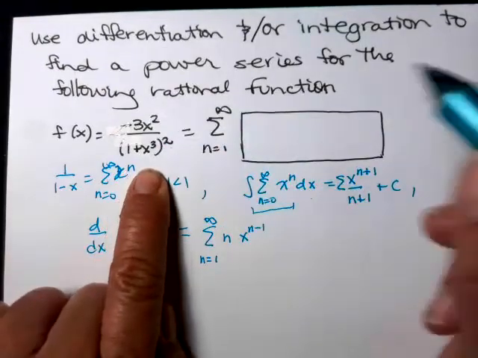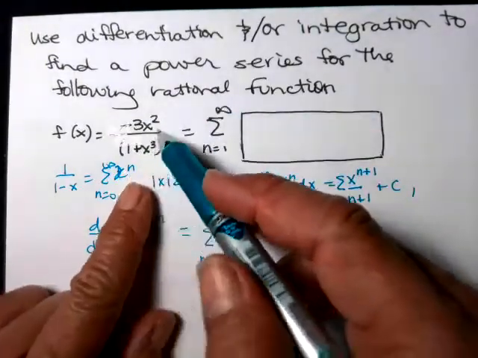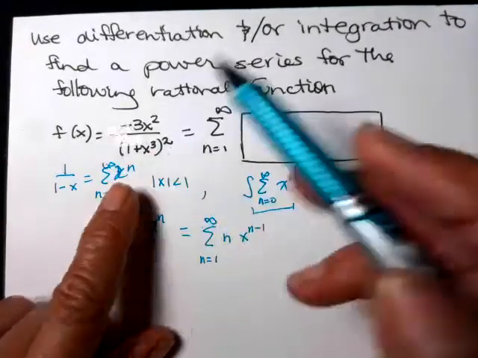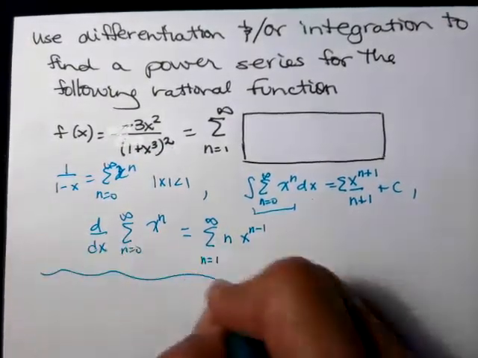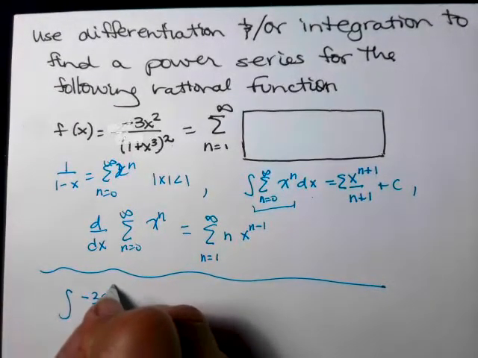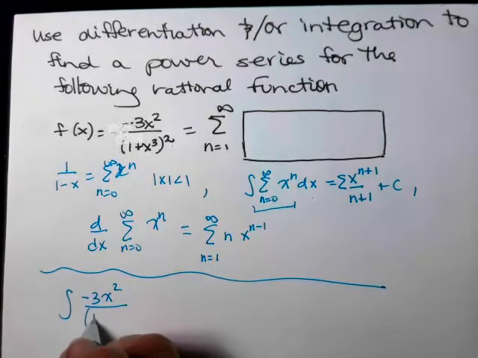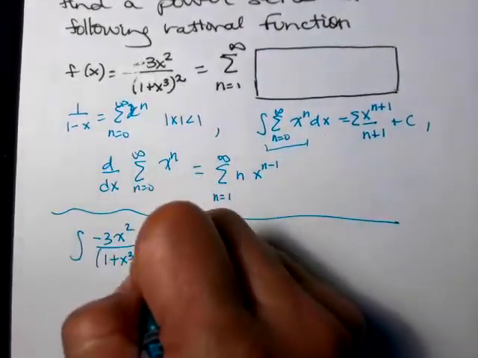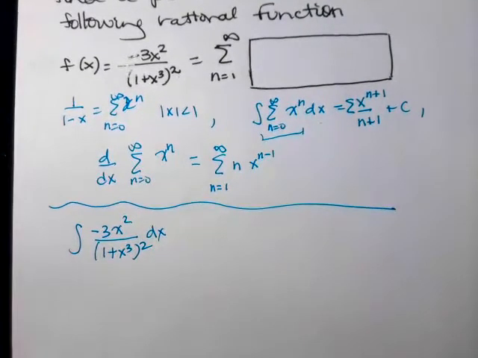So that kind of makes you think, well, what if I integrate this? What would that look like? Okay, so let's see what that looks like. So we're going to integrate negative 3x squared over 1 plus x cubed squared with respect to x. What is that going to give us?